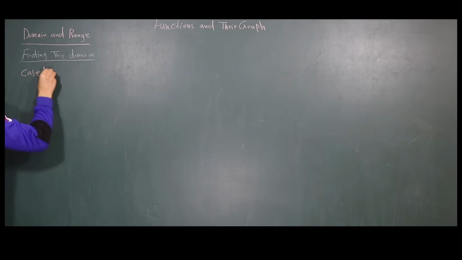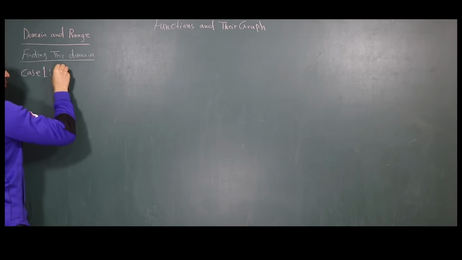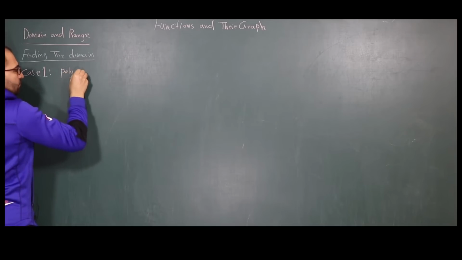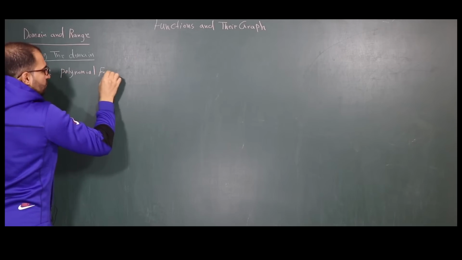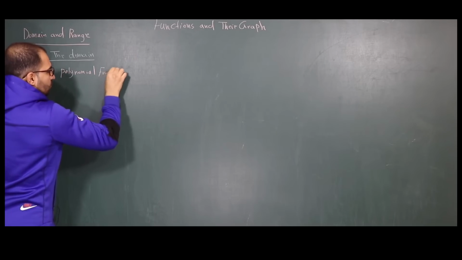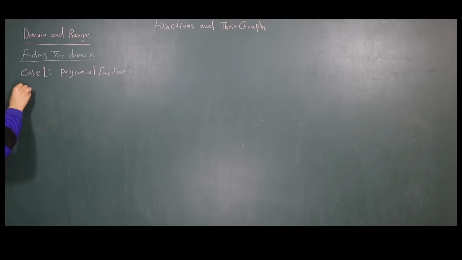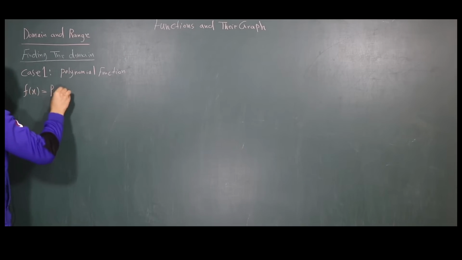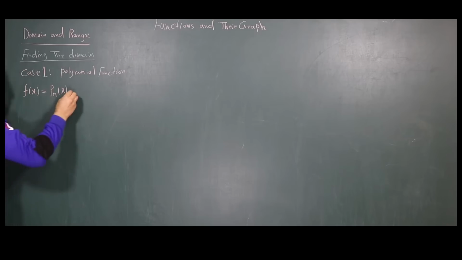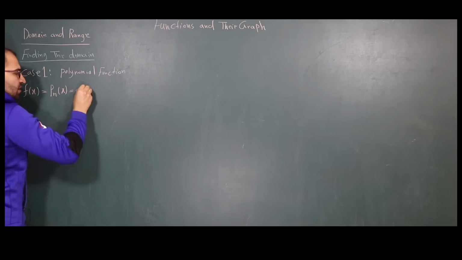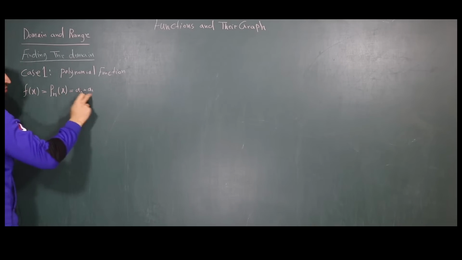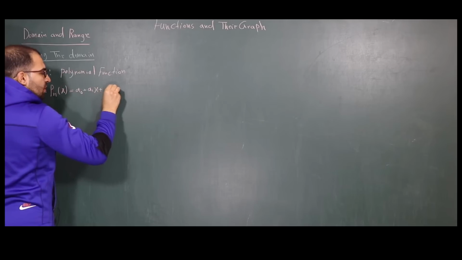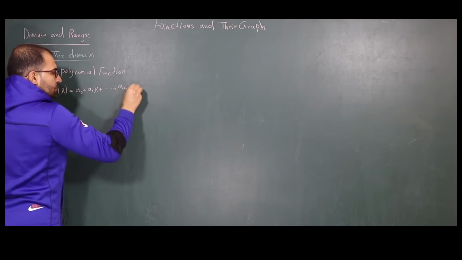So first, case 1: if we have the function as a polynomial function. If f of x equals Pn of x, where Pn is a polynomial, a0 which is a constant, plus a1 x, where the a's are arbitrary coefficients, up to an xn.